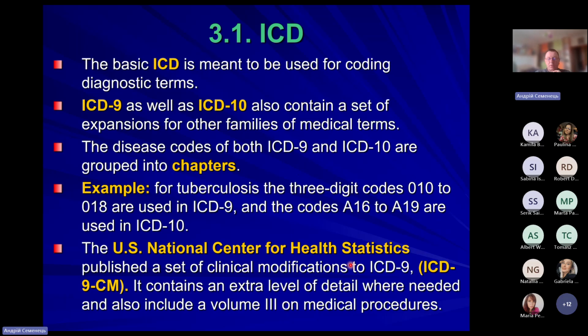And here we have a difference between ICD-9 and the modern ICD-10 and 11. It's only numerical codes in ICD-9, but we have an extension with characters in ICD-10 and 11.